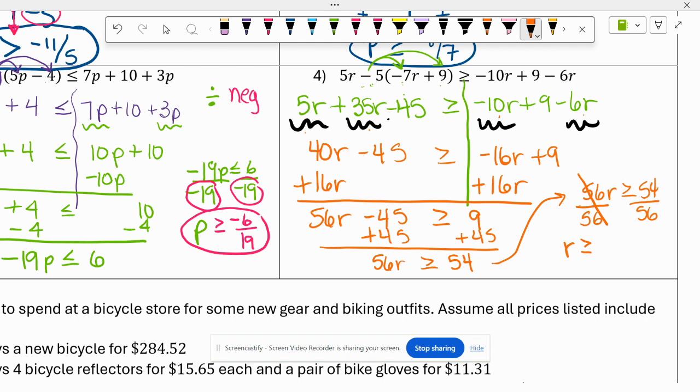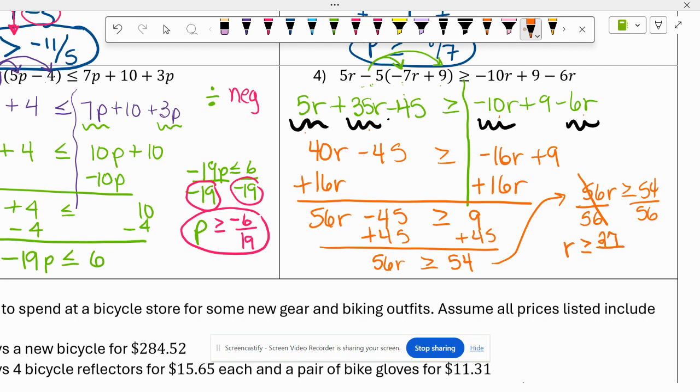Yes, but I could put it into my calculator. I could type into my calculator 54 divided by 56 and then ask for a fraction answer. Can you guys do that, please? 54 divided by 56. It's going to give you a decimal. Make it turn into a fraction, Uriah. Say it again, Kimber.